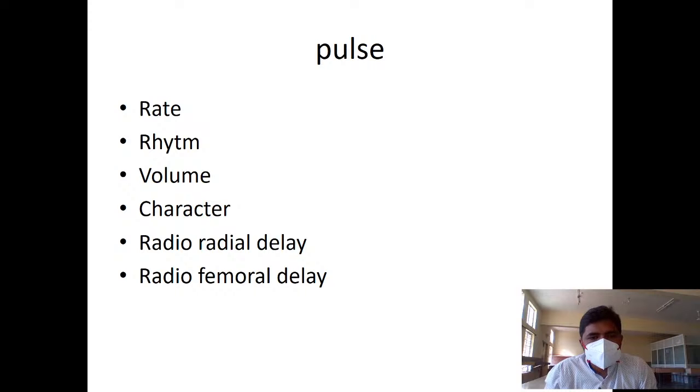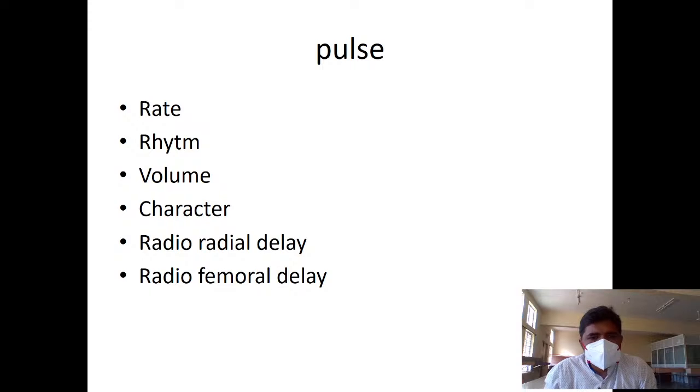So basically you need to palpate all the pulses. And particularly if you see radiofemoral delay, what exactly does it mean? In a normal scenario, you feel femoral pulses ahead of radial pulses. In children having coarctation of aorta, this gets altered.